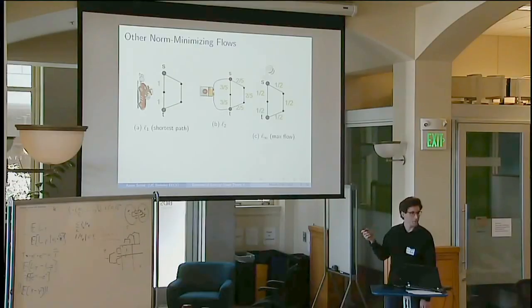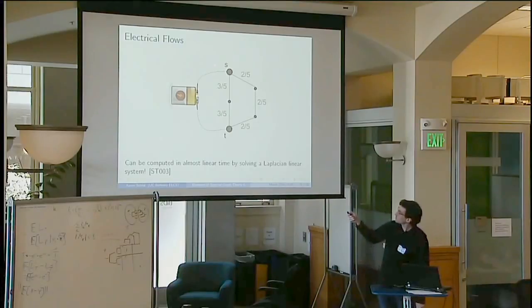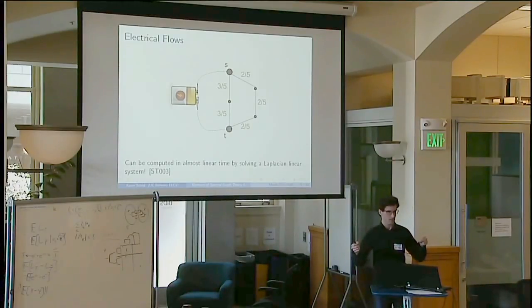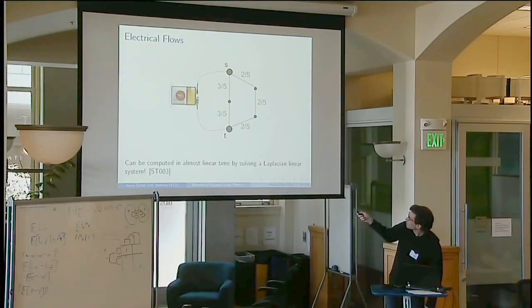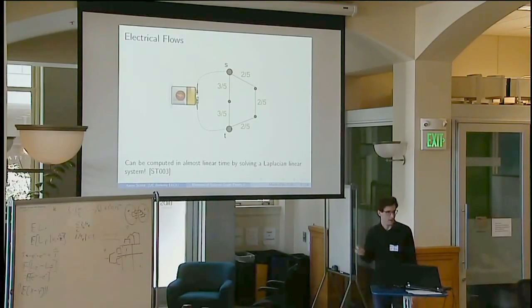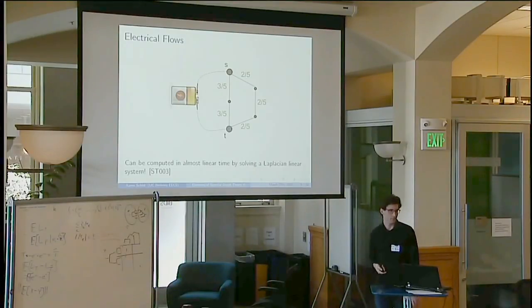It's just the electrical flow. What I mean by an electrical flow between two vertices S and T is you hook up a battery to S and T, and you see how 1 unit of current would flow from S to T in this graph.